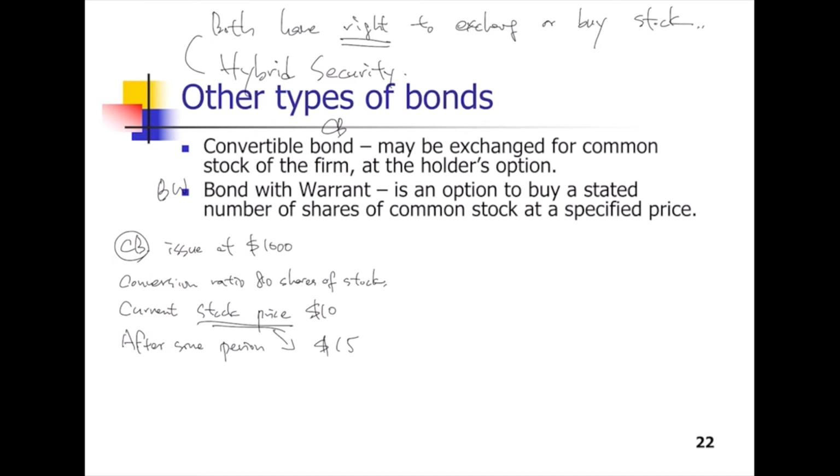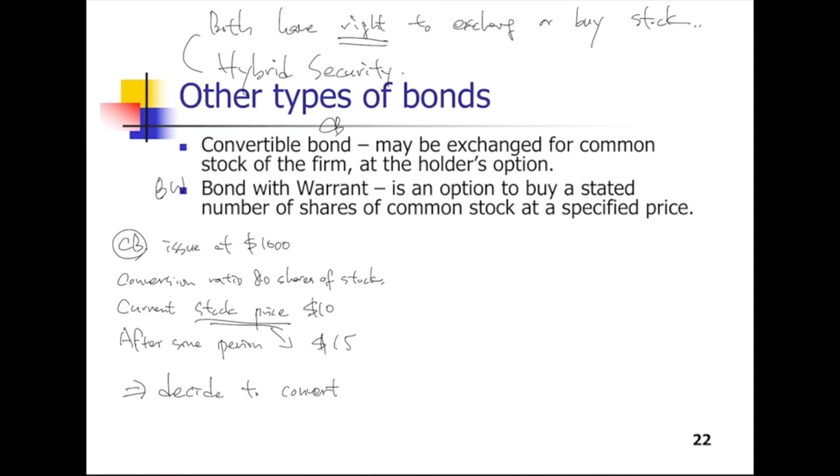In this case, the stock price is high enough that the investor can decide to convert from bond to stock. It's kind of an option, so if the investor doesn't want to convert, the investor doesn't have to do that.